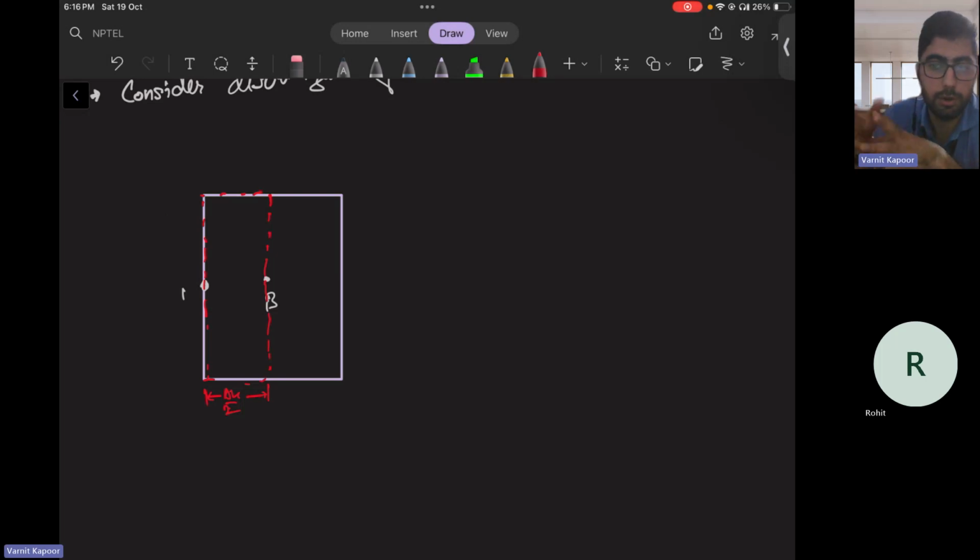So if I consider a control volume from 1 to B, then the integral of C mod U is equal to 0.